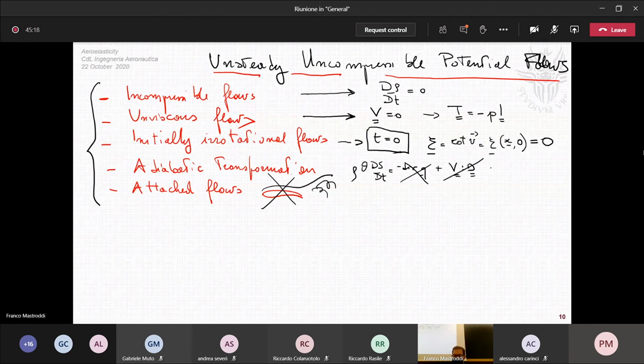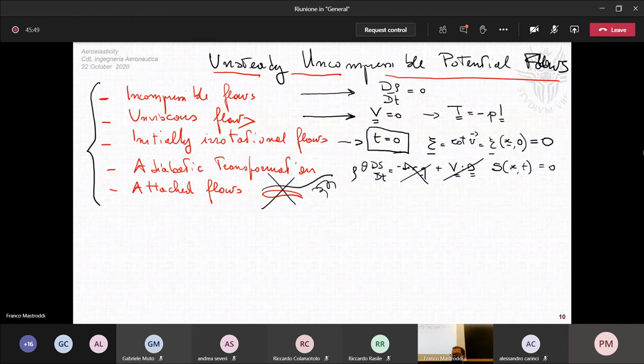The entropy is identically equal to 0. S is equal to 0, S of x at any time. So the energy equation is identically satisfied. The entropy is 0, that's all. So we don't need to consider this equation anymore.